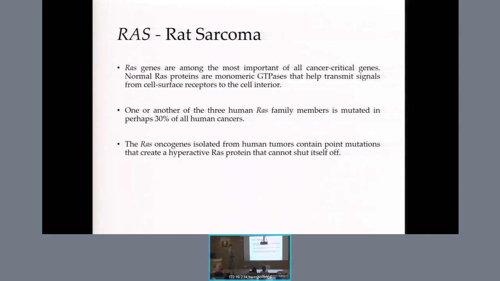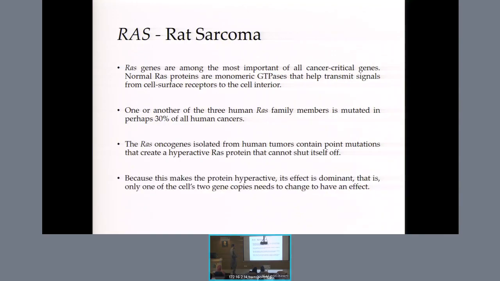The RAS oncogenes isolated from human tumors contain point mutations that create a hyperactive RAS protein that cannot shut itself off. So there are certain mutations in the cancerous forms of the protein where it cannot shut itself off. When it starts, it continues abnormally.